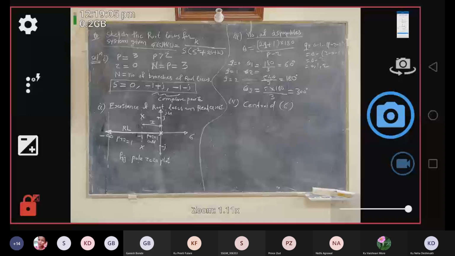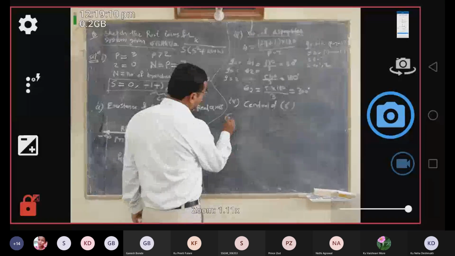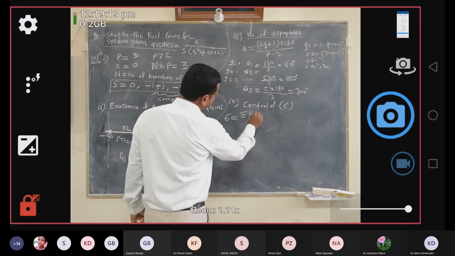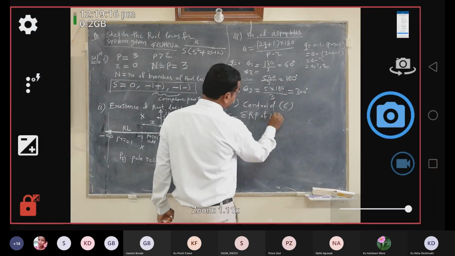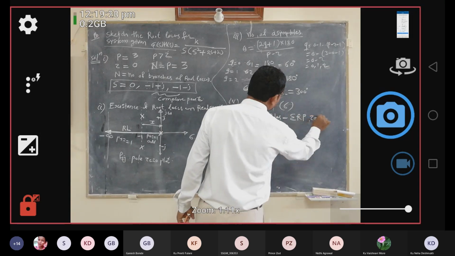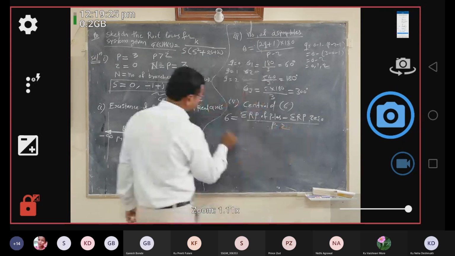That is called the centroid. Okay, so write down the formula of centroid. Sigma will be given by summation of real part of the poles minus summation of real part of the zeros divided by P minus Z.